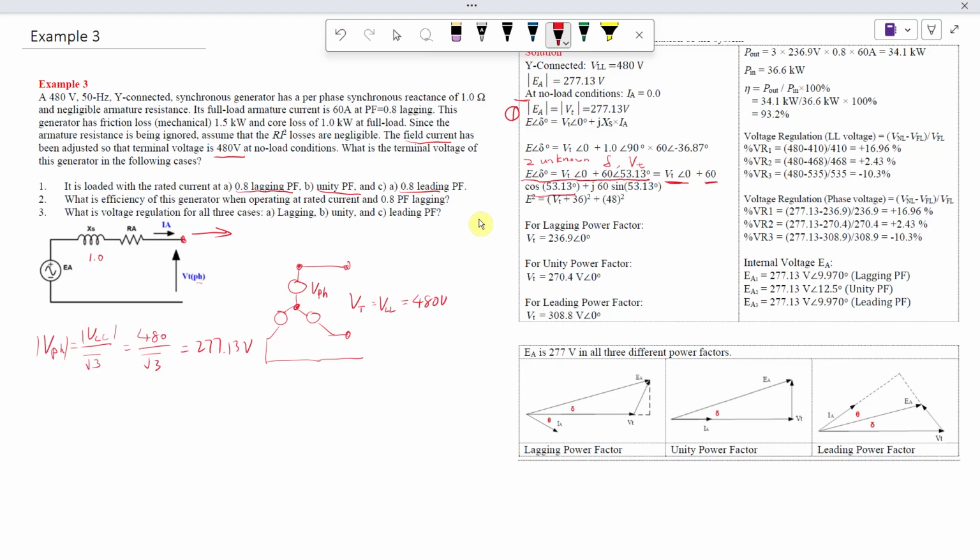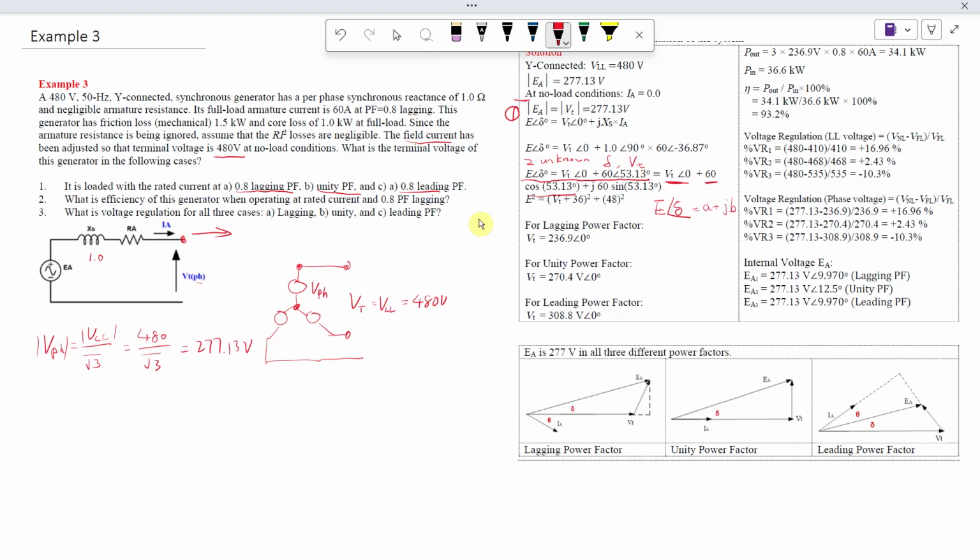Okay, so the phasor form E angle delta equals A plus jB form. The magnitude E equals the square root of A squared plus B squared.